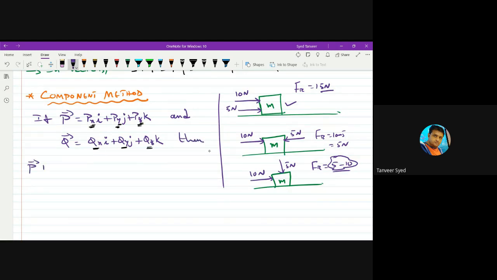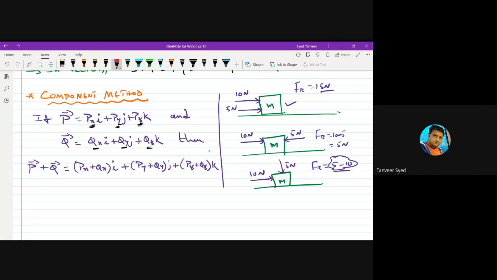Vector P plus vector Q will be (Px plus Qx)i plus (Py plus Qy)j plus (Pz plus Qz)k.